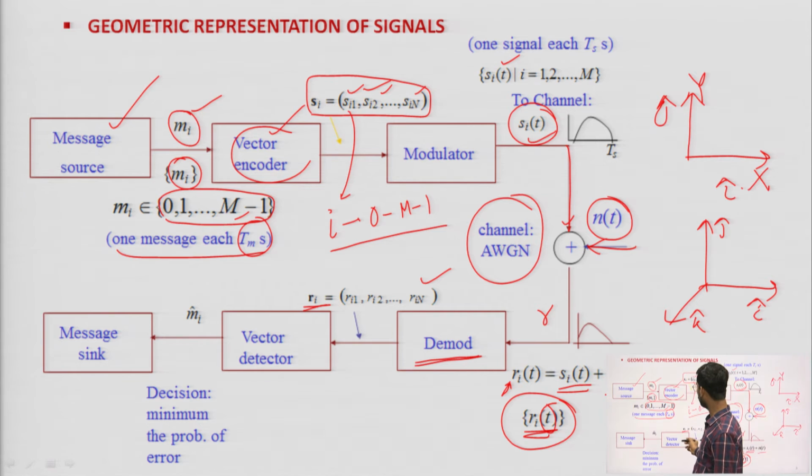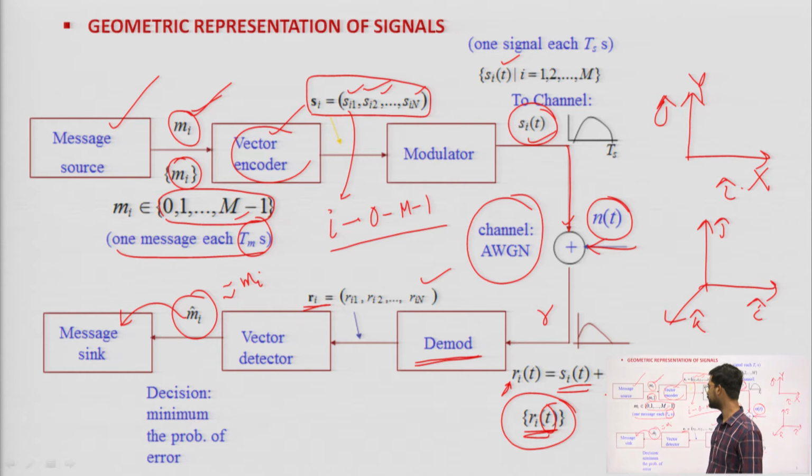The mi that was inserted, due to the channel and propagation, is not exactly equal to the input mi, but it is mi cap, which is received at the message sink. The decision is based on the minimum probability of error, so mi cap is extracted based on the minimum probability of error.